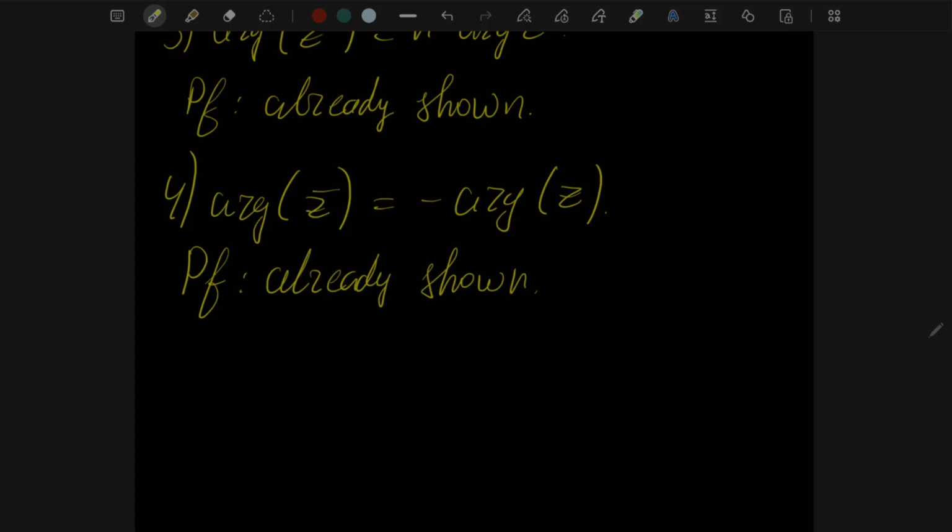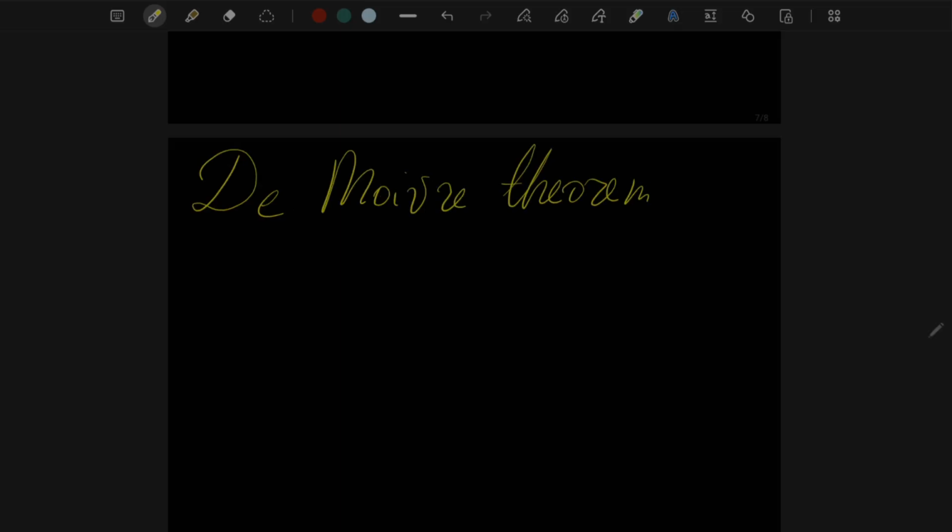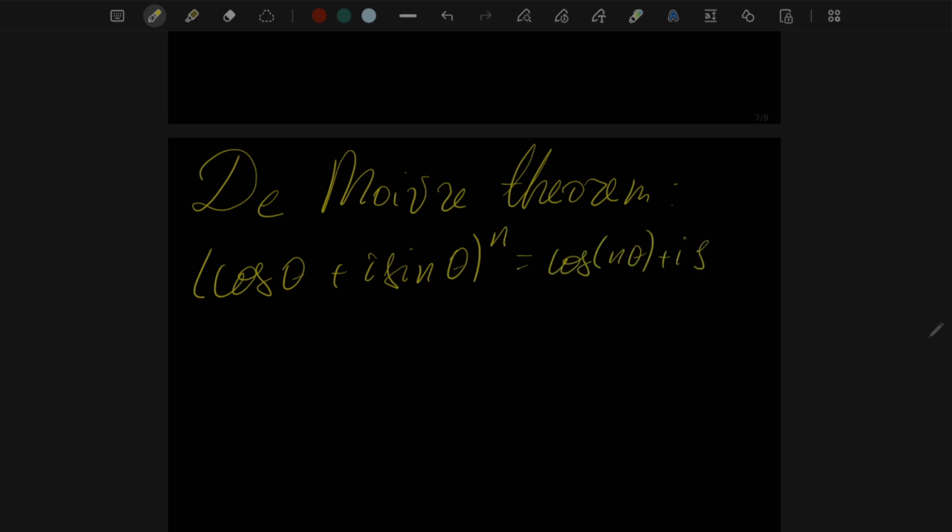Okay, and now let's move on to the final topic for today. Finally, it is the Moivre theorem. It says that cosine theta plus i sine theta to the power of n is equal to cosine of n theta plus i sine of n theta.